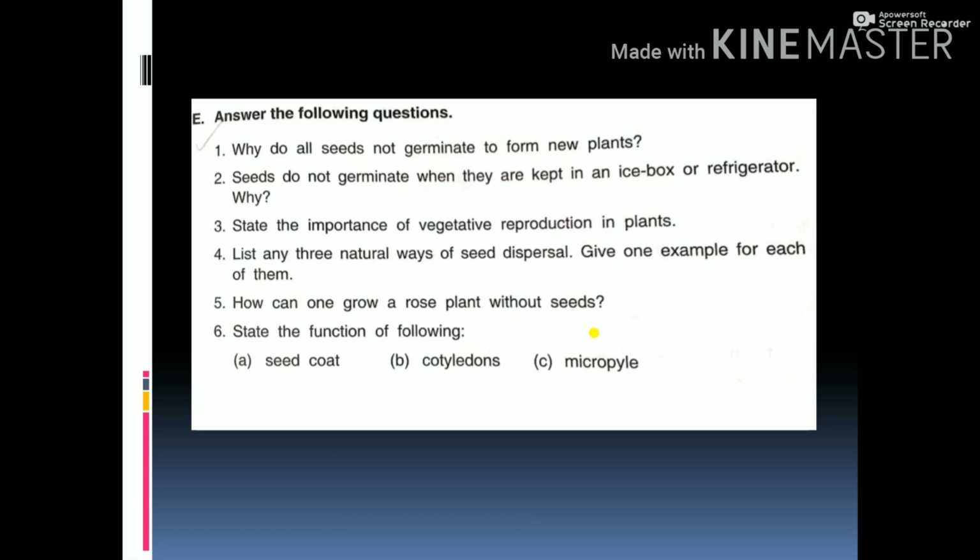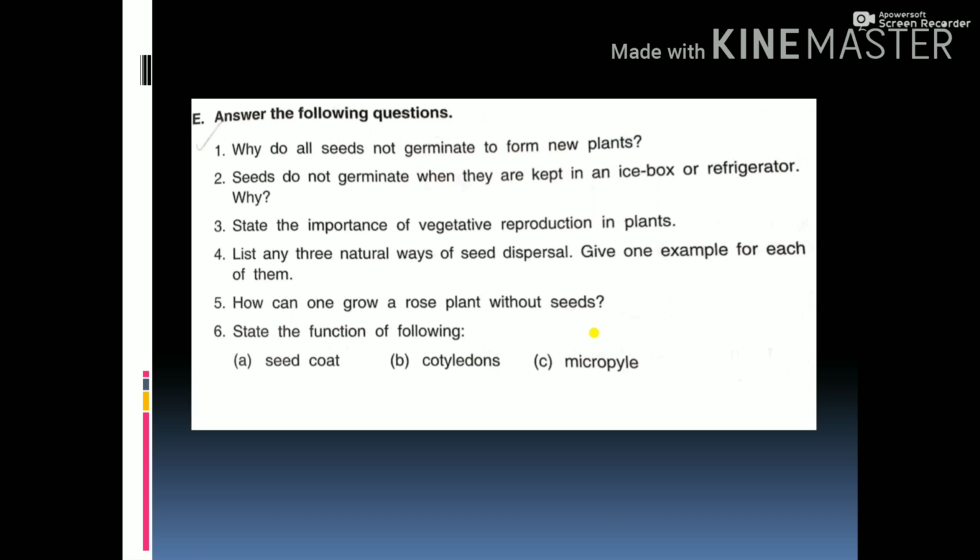In the previous class, I discussed question number D. The answers of D were short answer type. But here the answers to these questions are long type. See the questions first one by one. I am just explaining the question, and the answer will also be given to you.